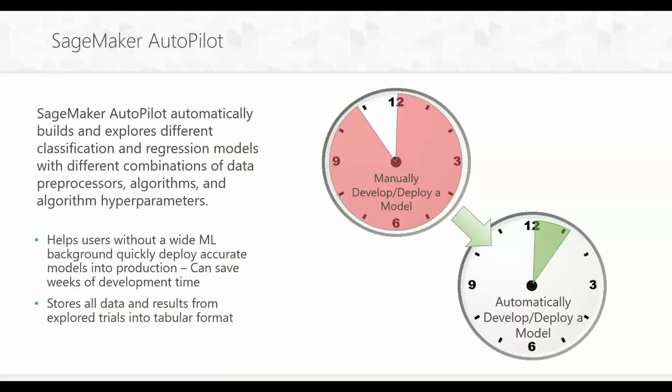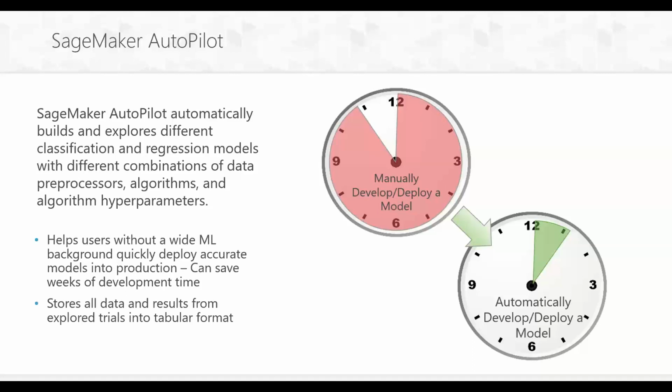The other big new feature is SageMaker Autopilot. SageMaker Autopilot automatically builds and explores different classification and regression models with different combinations of data preprocessors, algorithms, and hyperparameters.